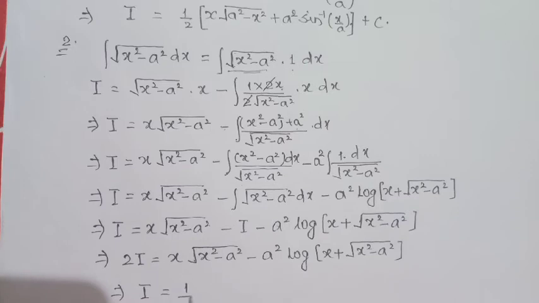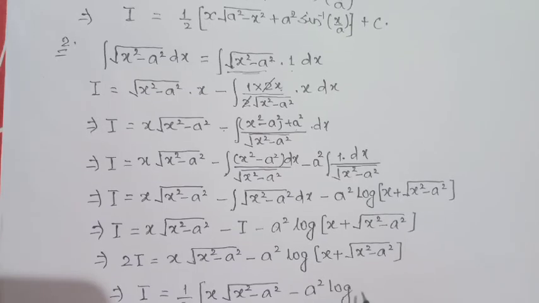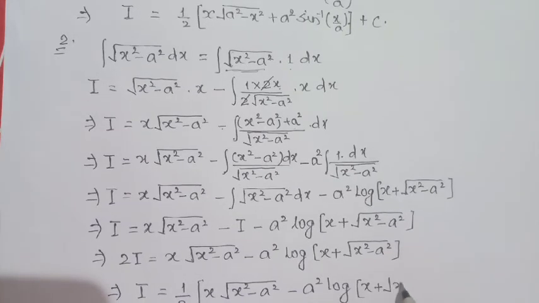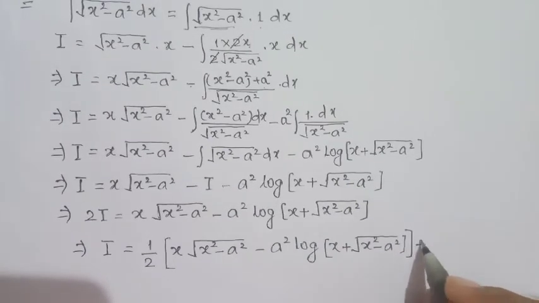I is equal to 1 by 2 x into under root x square minus a square, minus a square into log of x plus under root x square minus a square, plus integral constant c.